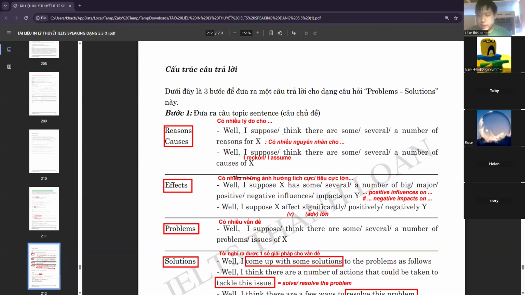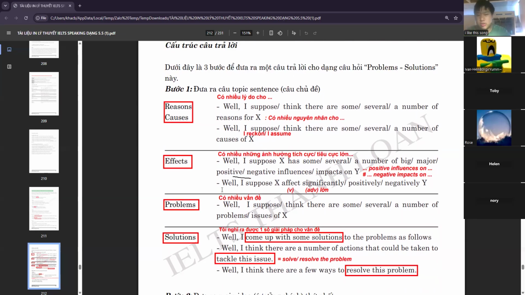Usually positive influences and negative impacts go better. It is just more grammatical, because impact is a slightly negative term, while influence is more of a neutral term, since you see influence used both positively and negatively, but impact is used more negatively in my opinion. So it's better to use negative impacts instead of negative influences.